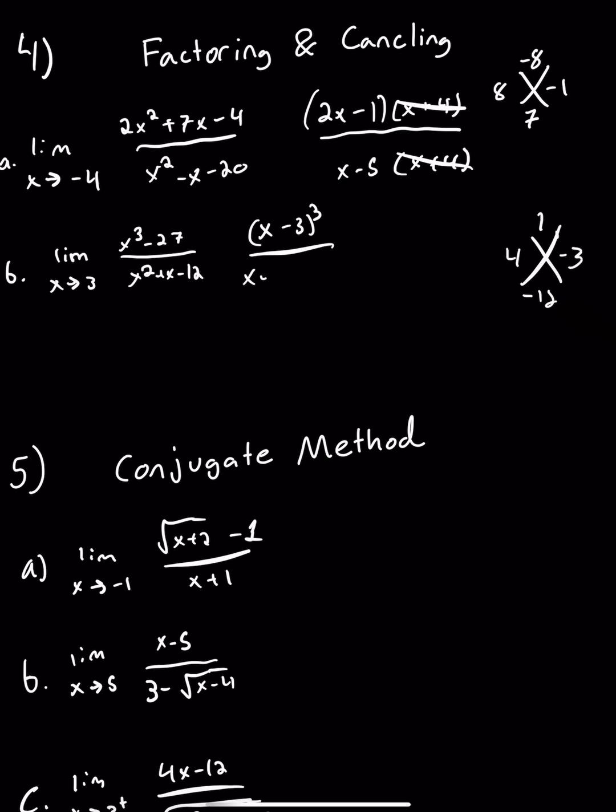So we get x plus 4, x minus 3. And you can cancel this out with this, and then this squared. And now you're left with x minus 3 squared over x plus 4. And that will now equal 0 over 7, which is a real number. It's just 0, when before it would have been something over 0, which does not exist.